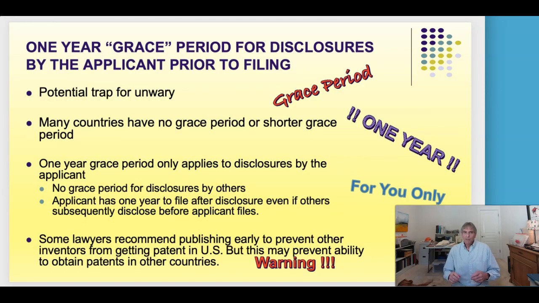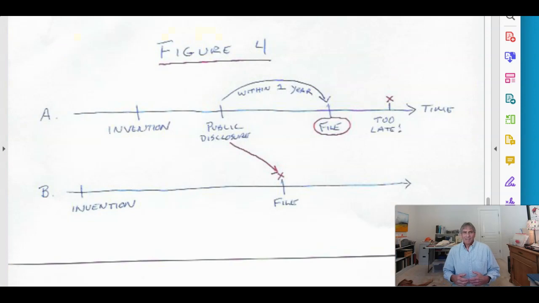Now, I want to move on to another important topic regarding public disclosure, which has to do with the mysteriously named one-year grace period. And notice that I put the word grace in quotes. Take a look at Figure 4 while I go over this. Here's the deal.